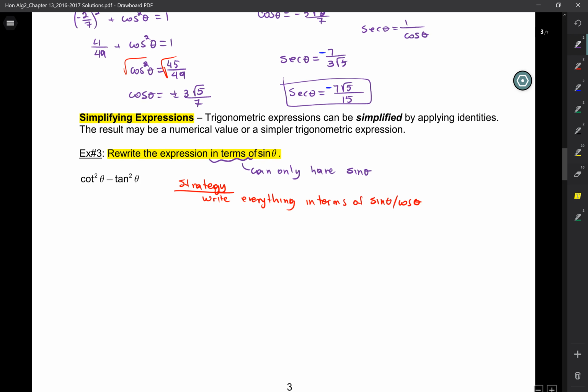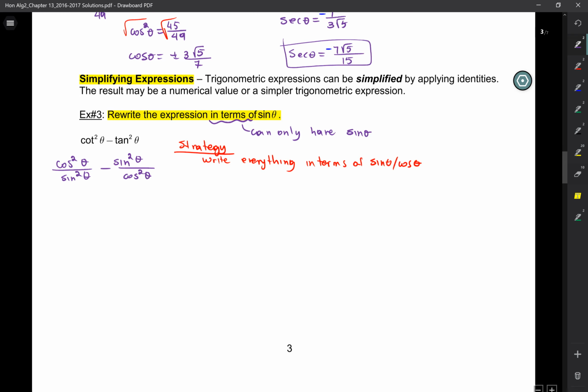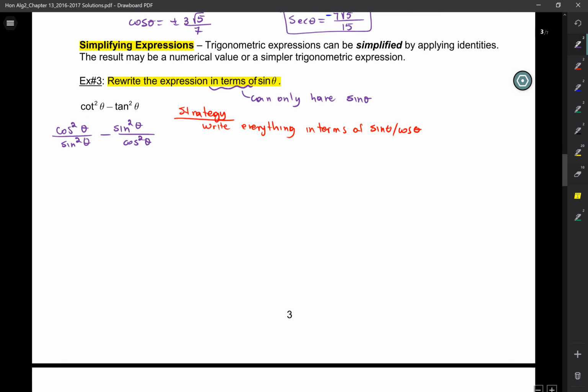What's cotangent in terms of sine and cosine? Cosine squared theta over sine squared theta, right? Minus sine squared theta over cosine squared theta. Now, can I do a common denominator with this? This is why I learned about common denominators.